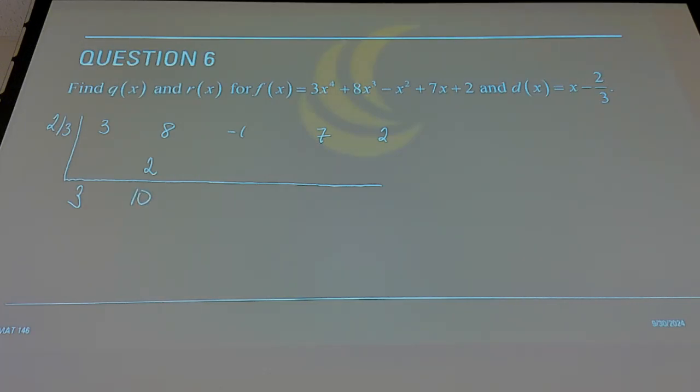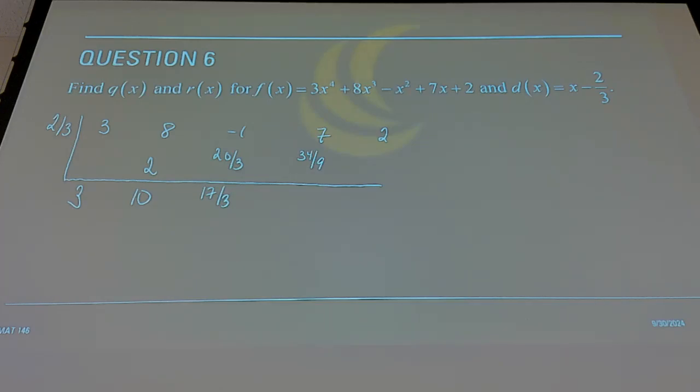Times 2/3. Add -1 to it. Times 2/3. This is 34 over 9.